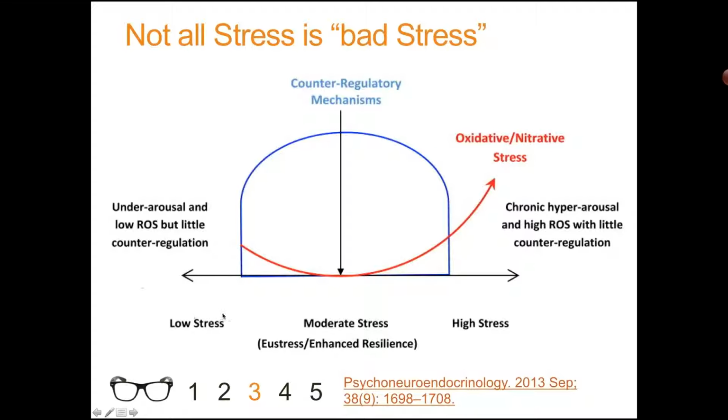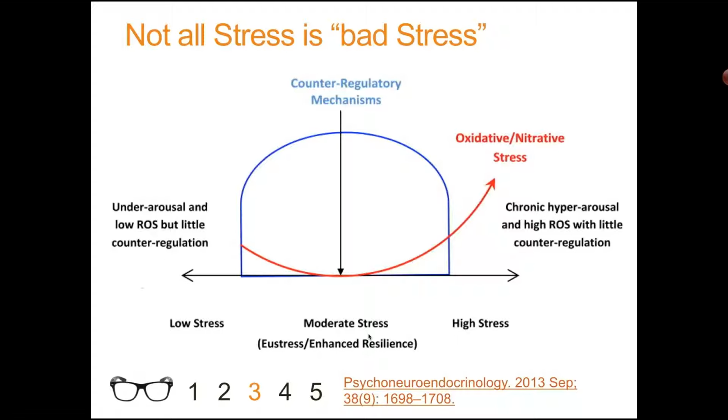Okay, so what Apple is saying, and this is from the same paper, is that we've got a bit of a J curve when it comes to stress, and we actually do better on moderate stress than we do on low stress or high stress. On low stress, you can have a situation where under-arousal leads to little counter-regulation.